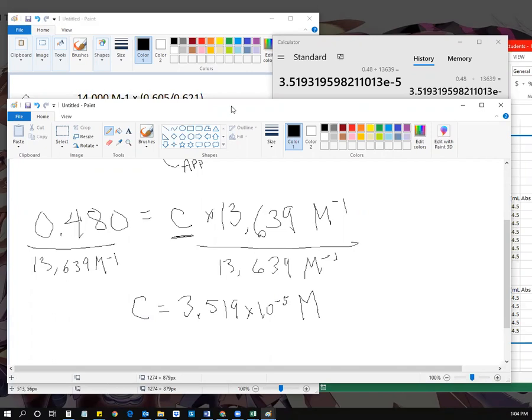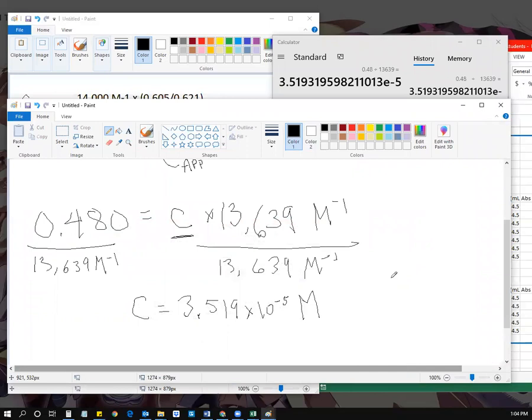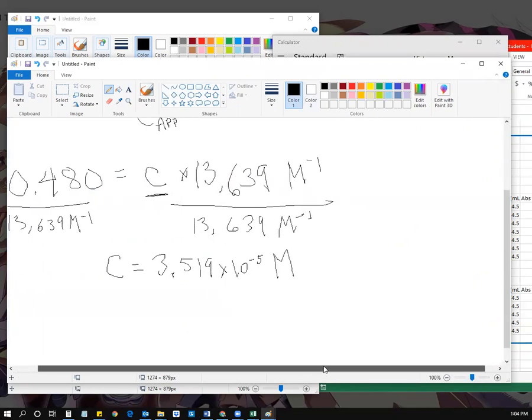But the prompt asks us to give this calculated value in micromolar. So we know that micromolar is times 10 to the -6.